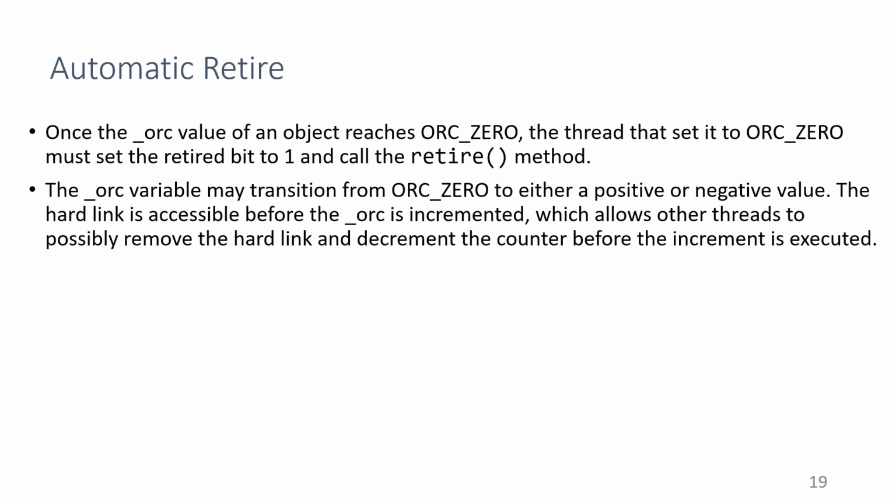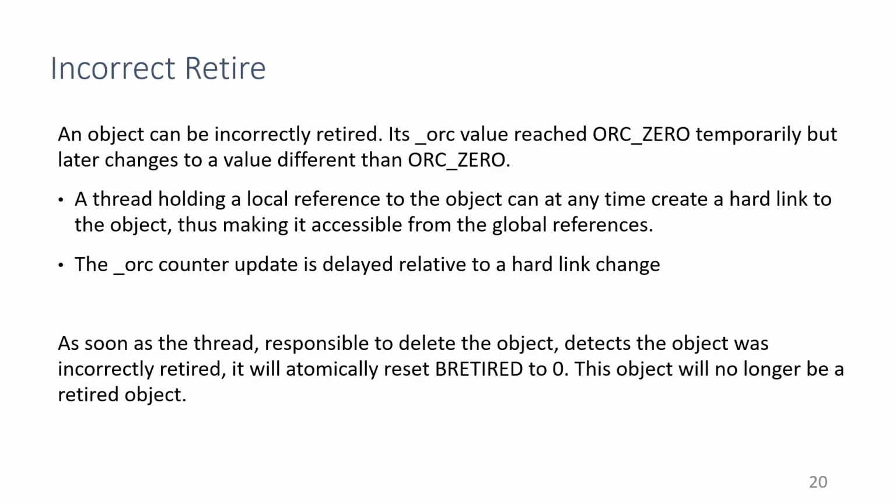Because the hard link is made accessible before the _orc on the new value is incremented, this allows other threads to possibly remove the hard link again and decrement the counter before the increment is executed. An object can be incorrectly retired.